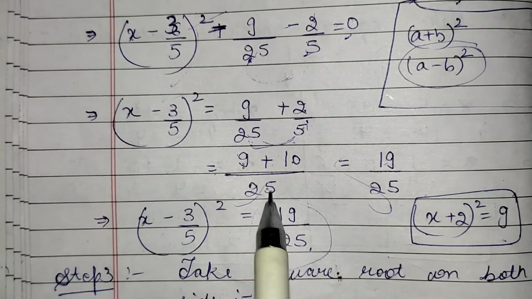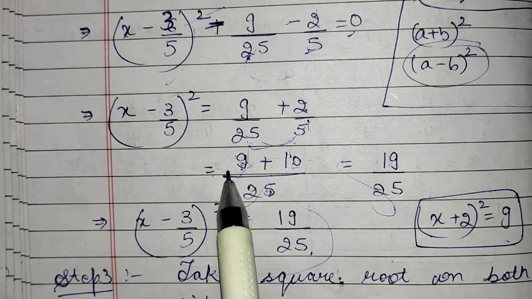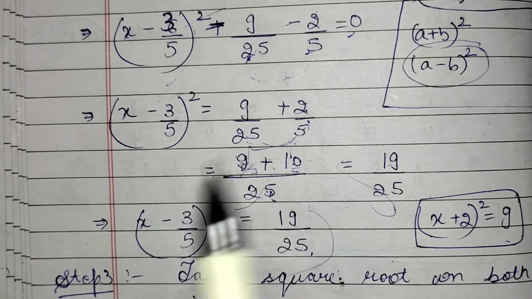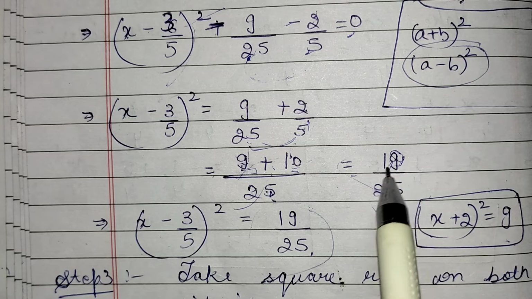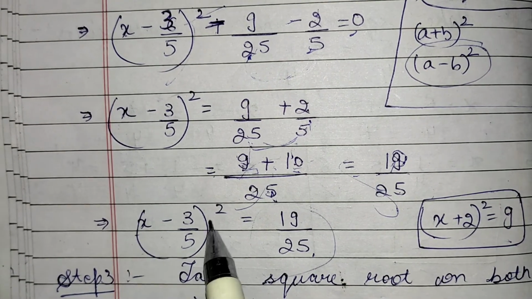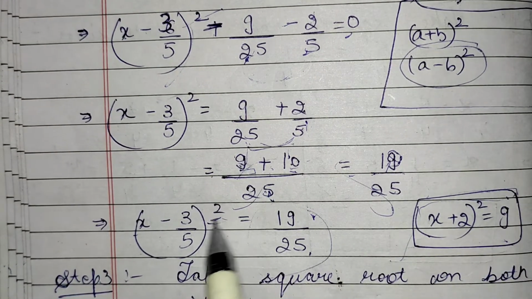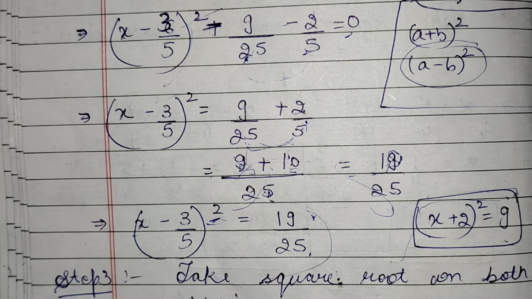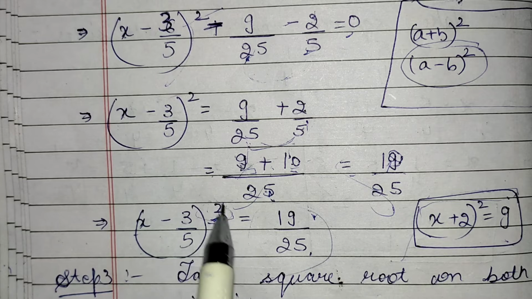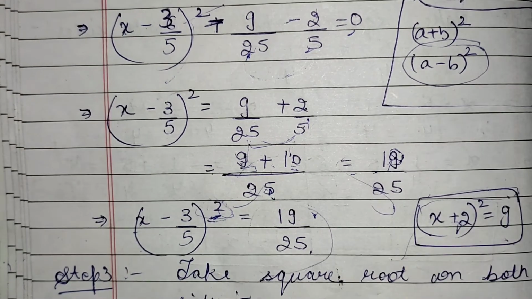So 25 will be your LCM now, and after taking the LCM you will get 9 plus 5 into 2, which is 10, equal to 19 by 25. So it will give you this result. Again you can see that my equation has been converted: the x term is a square term, so we have converted our x factor into a complete square. So it is done.